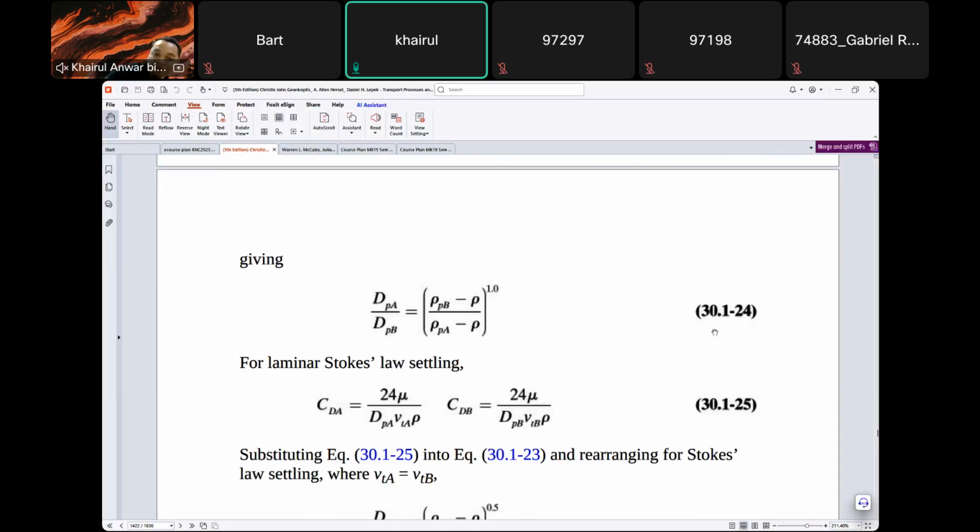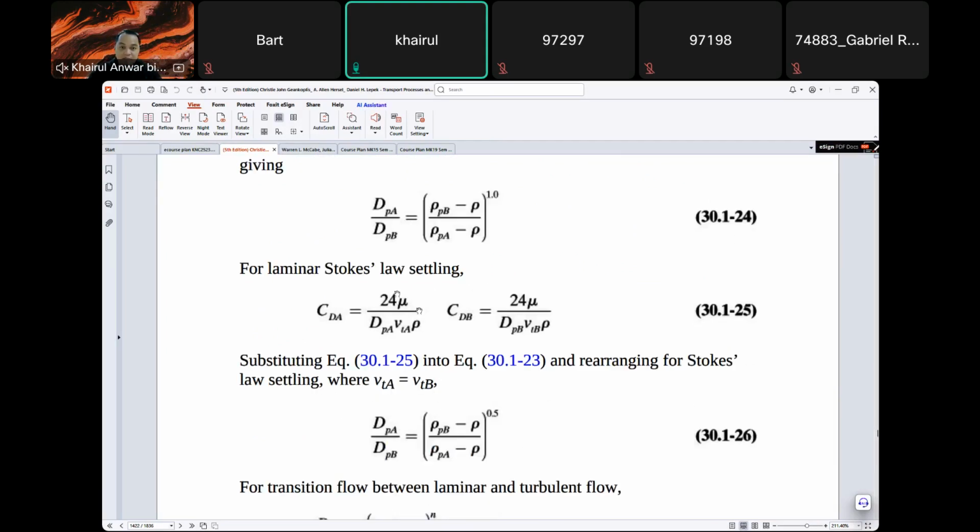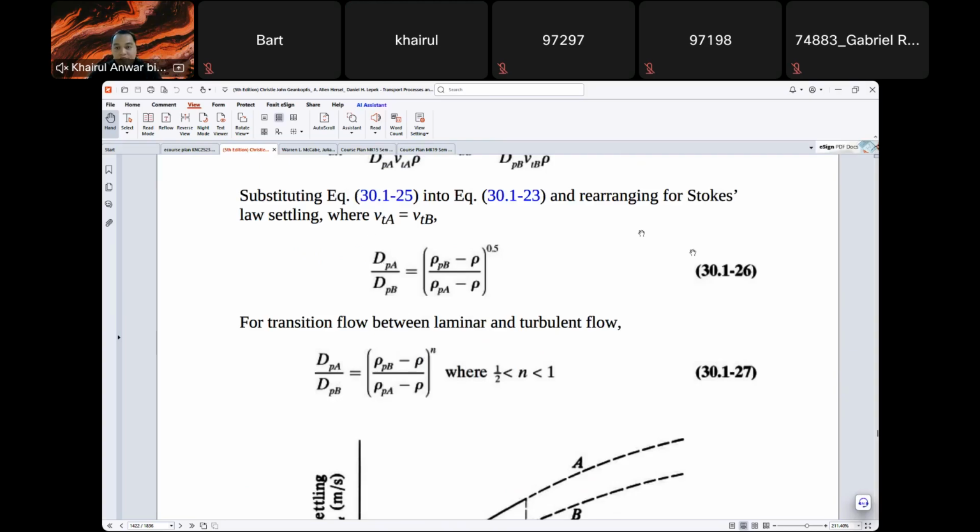For laminar Stokes law settling, CDA is equal to this expression and CDB is equal to this expression. Substituting equation 30.1-25 into equation 30.1-23, arranging for Stokes law, where VTA refers to the settling velocity for component A and component B, we get 30.1-26.